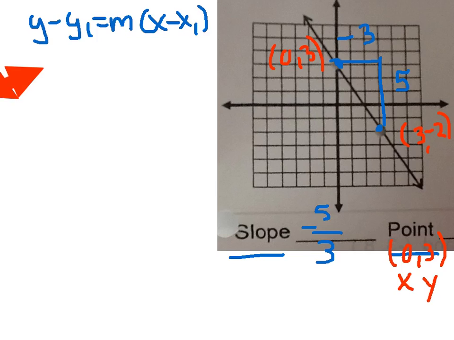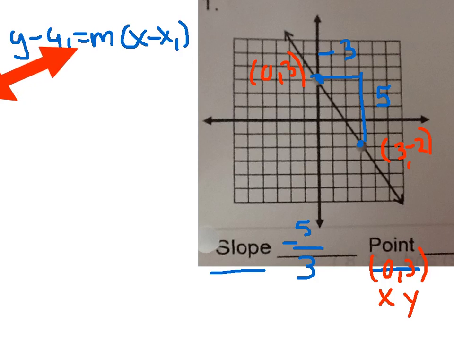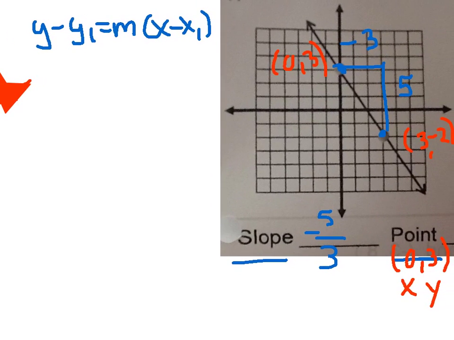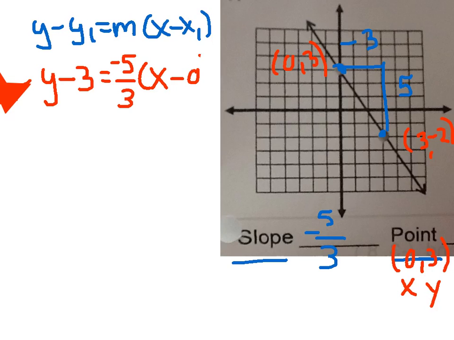Let's move this arrow out of the way. Whoop, didn't want to do that. Let's get that graph back. There we go. Okay, so let's fill in what we know. We have y minus y1, which comes from my ordered pair, that 3. We're going to put in our slope, which is negative 5 over 3, and then x minus the x from our ordered pair, which is 0.